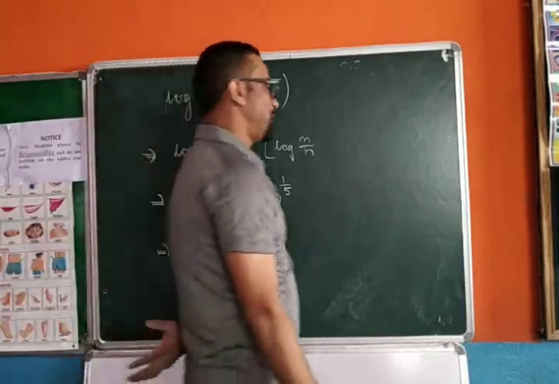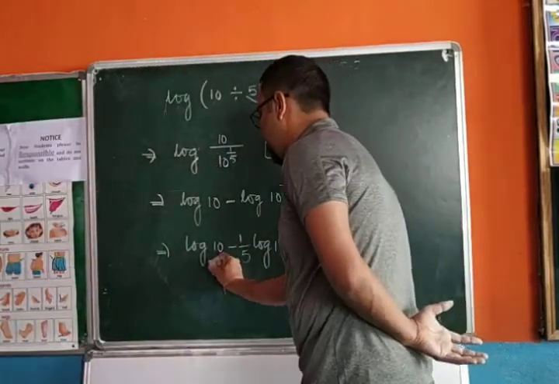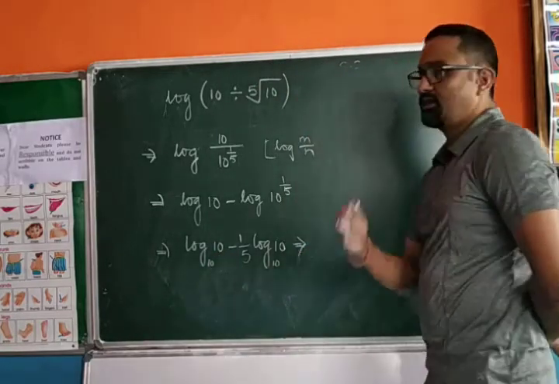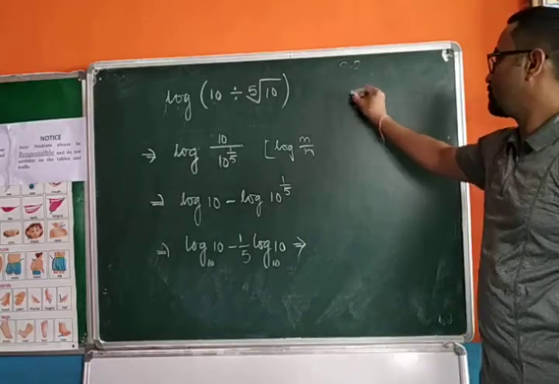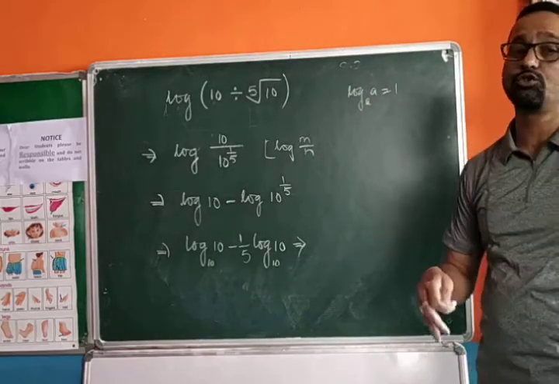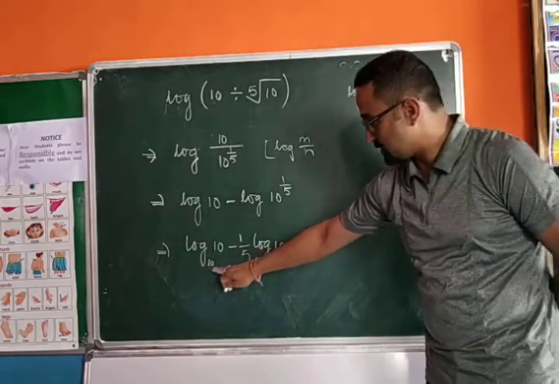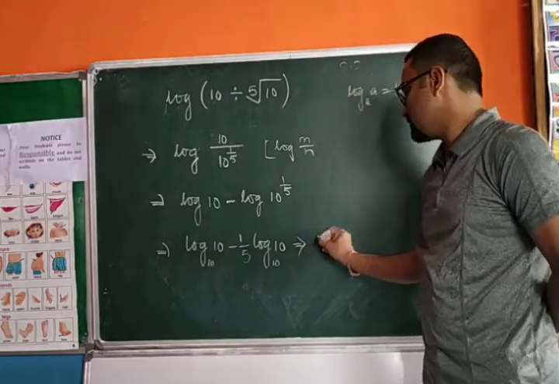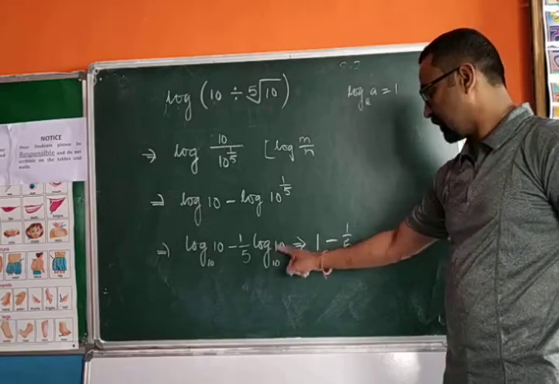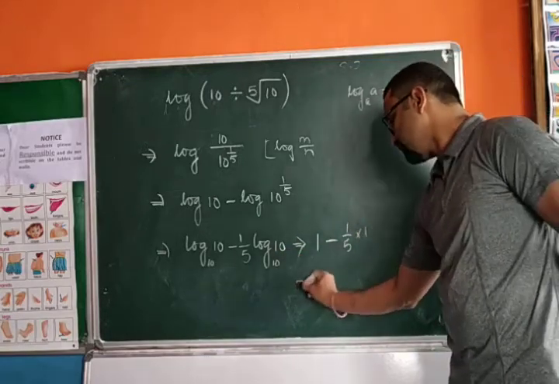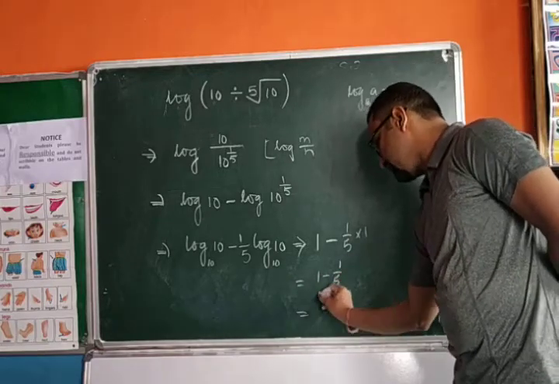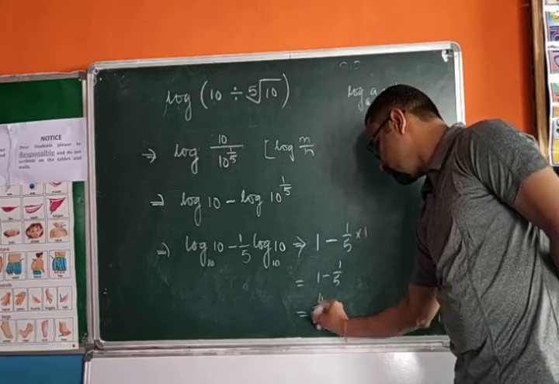There is no base given, so we always take base as 10. And in the beginning of logarithm, I have told you log base a of a is always equal to 1. Base and the number being equal means it is taken as 1. 1 upon 5 again into 1. 1 minus 1 upon 5. Take LCM, you get the answer as 4 upon 5.